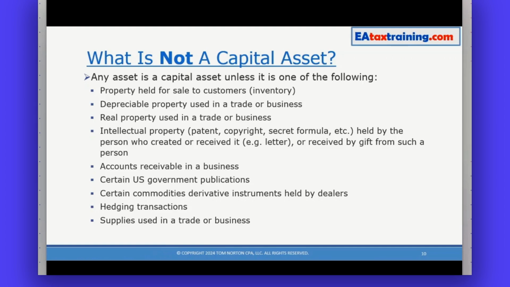Same way with a car. Your car that you just drive around as an individual person is a capital asset. But if instead your business were to buy and use that car, now it's not a capital asset. So it's not necessarily the asset itself, what kind of asset it is, that makes it capital or not.